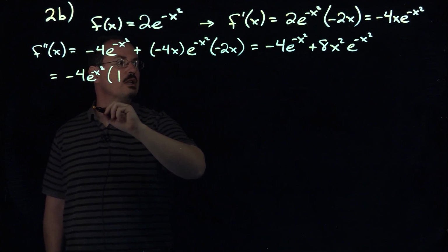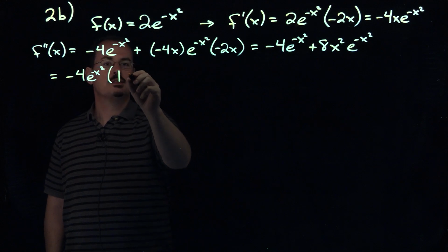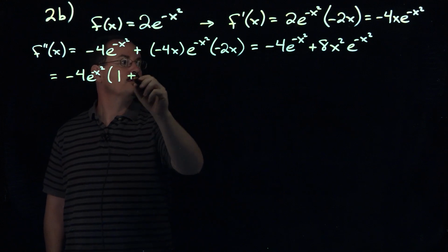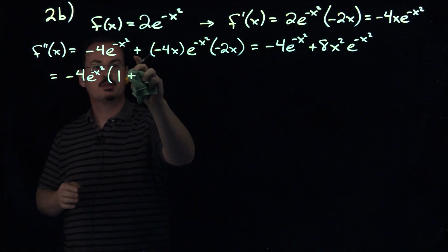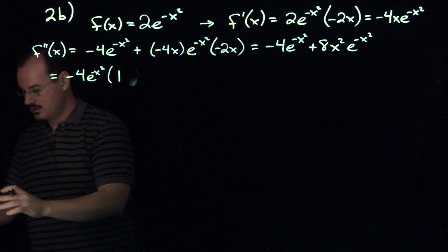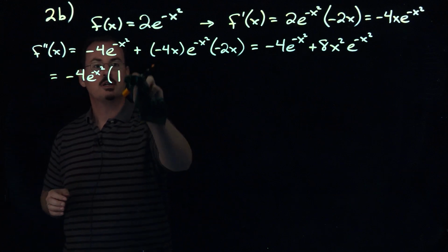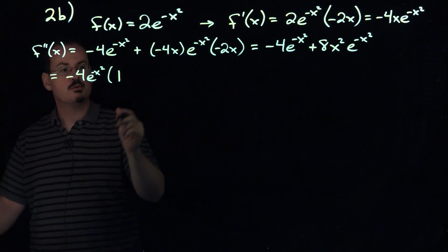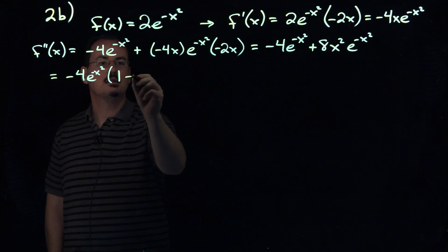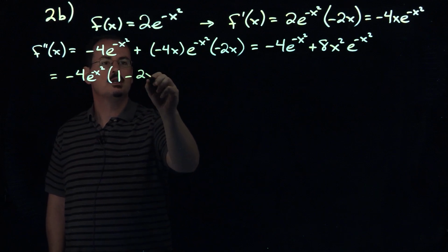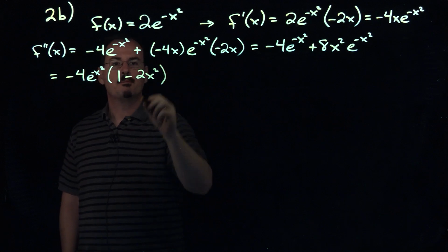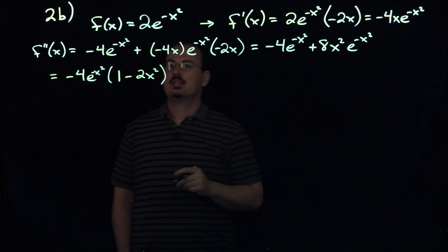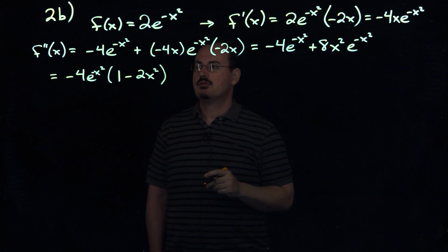We'll have only 1 left there, plus 2. Actually, that'll be minus 2 because I'm factoring out a negative. Let me fix that. Remember, when we factor out a negative number, the signs change. So this should be 1 minus 2x squared. This is what we're going to be left with. Okay, so that's the second derivative.